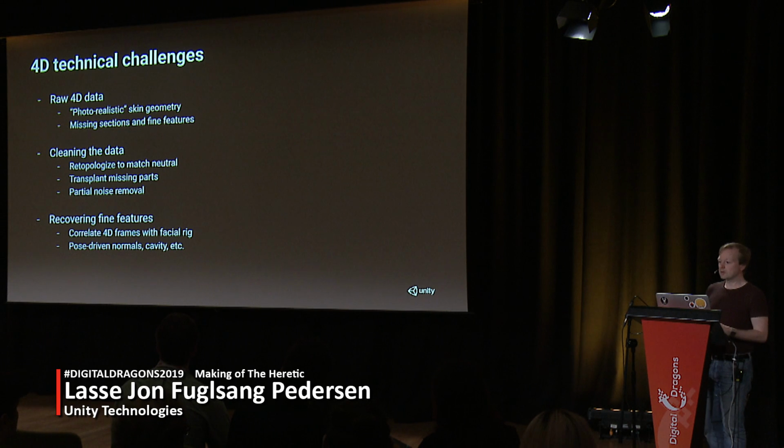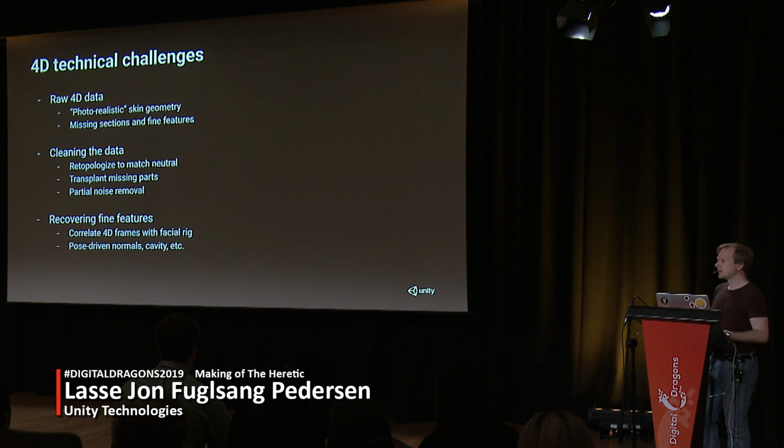The 4D data that we worked with didn't have these features in it. That meant we needed to think about a way to bring those features back, but more about that later. So the missing sections, that's of course a problem.